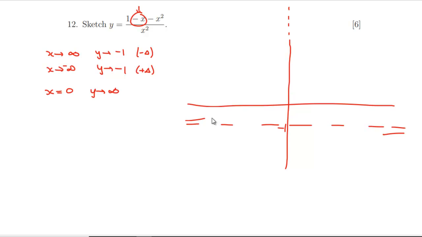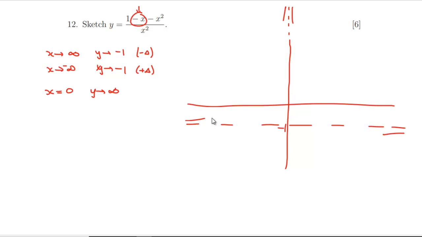If x is very, very small but negative, then we're going to be on the positive side because we're going to have 1 take away something tiny over something positive. And if x is positive, close to 0, then we're going to get 1 minus something tiny over something positive. Right, so we're up there.